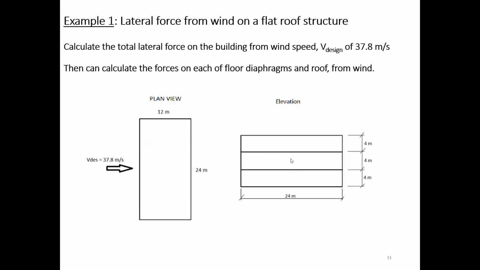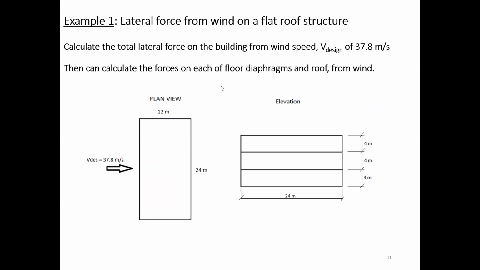So here's an example: a lateral force from wind on a flat roof structure. Imagine you're given this, and you've calculated a design wind speed like you did in the previous slide, of 37.8 meters per second.